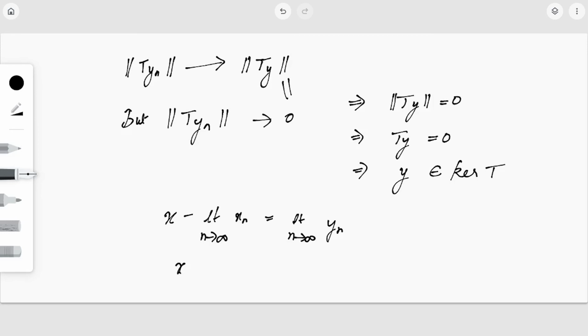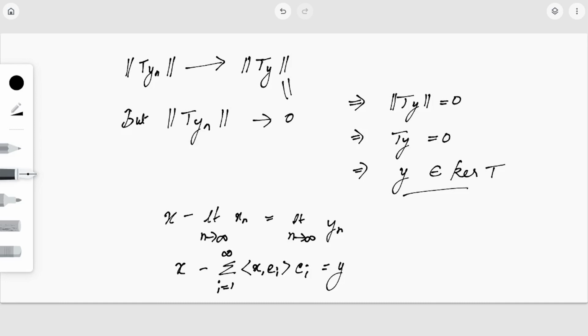That is, limit n tends to infinity xn is nothing but the sum i equal to 1 to infinity inner product x ei ei, and this is y, where y is an element of kernel of T. So again you get the same expression, that is, x, any element in the Hilbert space, can be written as the sum of an element in the kernel of T and the summation inner product x ei ei.